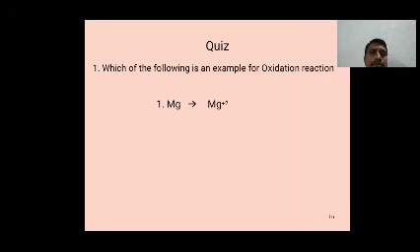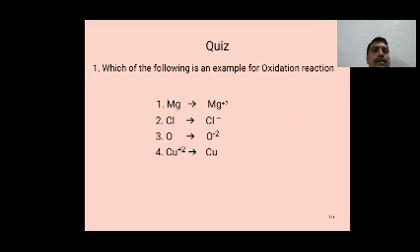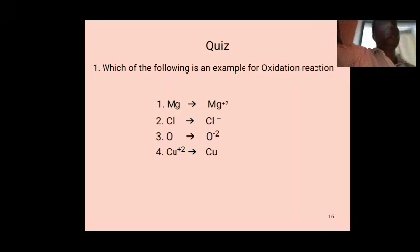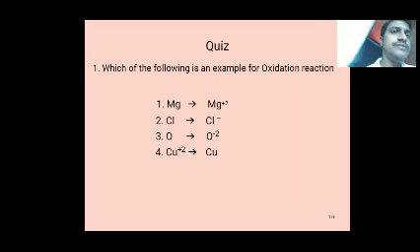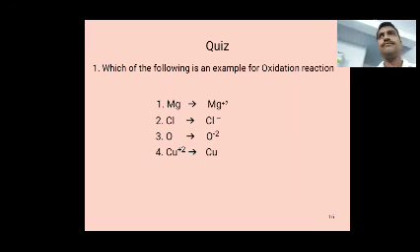Mg gives Mg plus 2, Cl gives Cl minus, oxygen gives O minus 2, and Cu plus 2 gives Cu. Mg forms Mg plus 2 by loss of electrons.